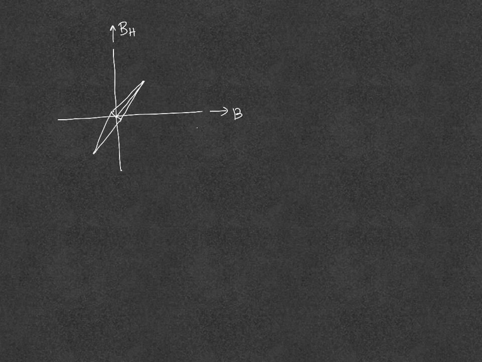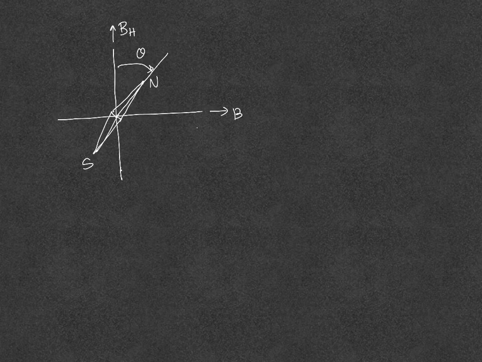So in this page, we'll study it again. This was the direction of BH. Just a brief diagram. This is a magnetic needle, north south like this.